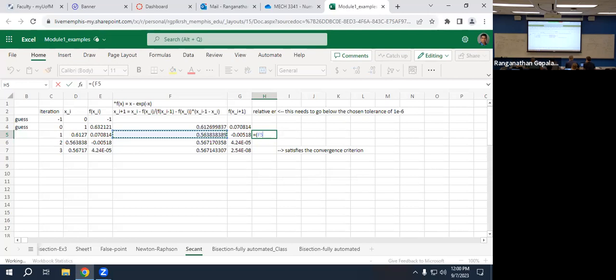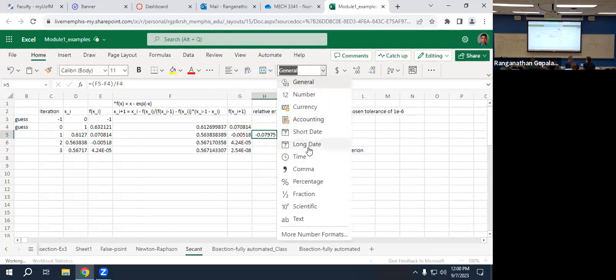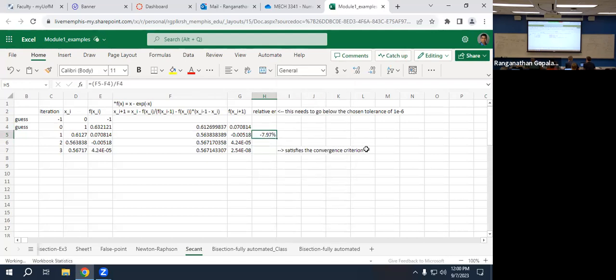This minus this divided by this multiplied by 100 is 7.97%. So the difference between these two values, 56 and 61, is about 8%. If I look at the next row, that difference has now dropped to 0.59%, 0.5%. And then you can do this further.